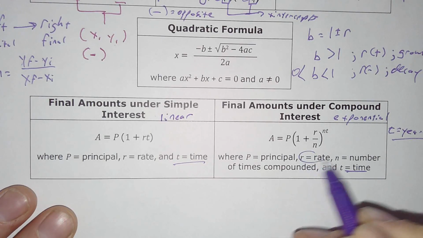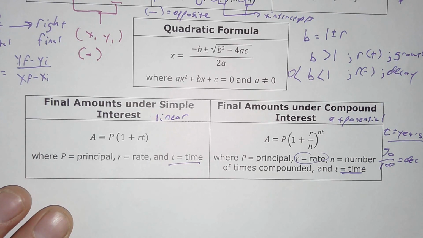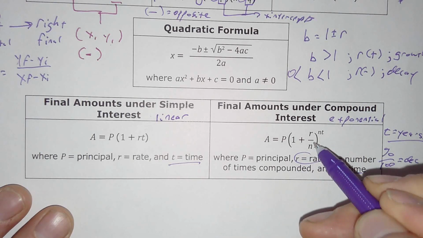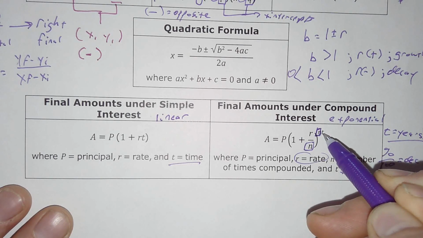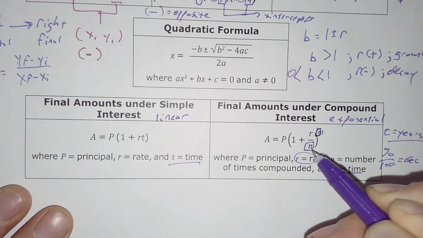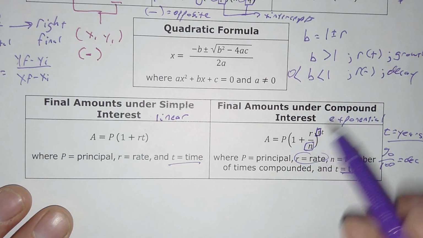The rate is going to be in percentage. You divide it by 100 to a decimal. Okay, that's your percentage. And then for this n value that changes both the exponent and the denominator of your rate, which is just the r value up here, right?